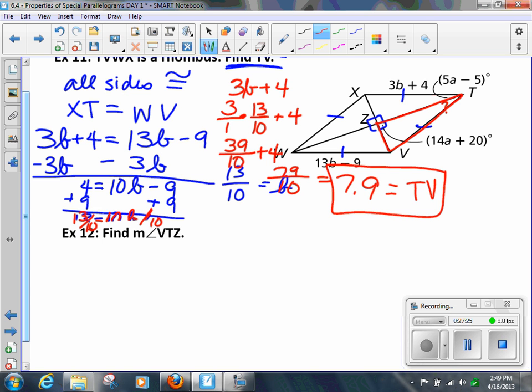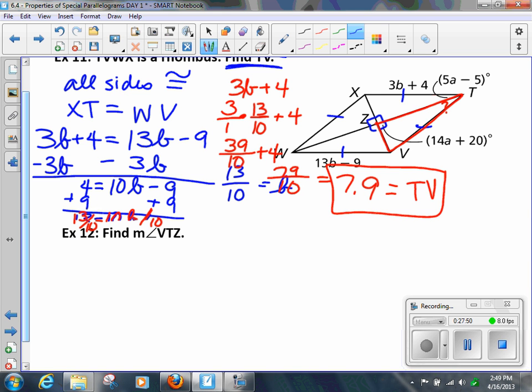No. Why do you say that? You're seeing it a different way than I'm seeing it. What did you say? Say it again. But 14a plus 20 is going to which angle? The right angle. The right angle is equal to how much?